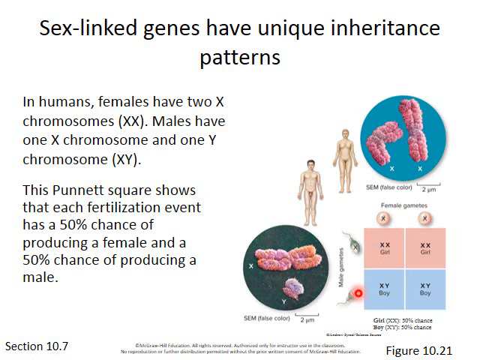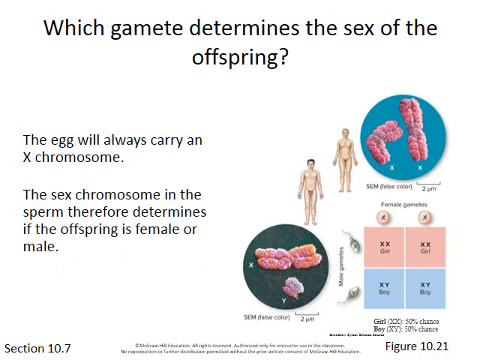So the male gamete will be the one determining the sex. And that's what I'm saying here. Which gamete determines the sex of the offspring? The egg will always carry an X chromosome. It's the only thing it can. It has two X's. The sex chromosome in the sperm, therefore, determines the sex of the offspring, because it has both X and Y that it can give at a 50% rate.